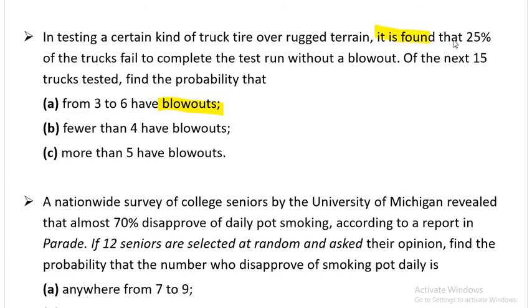It is found that 25% of the trucks fail to complete the test without a blowout, so it means 25% of the trucks have a blowout in their test. So this is my p, 25%. It means p is 0.25.